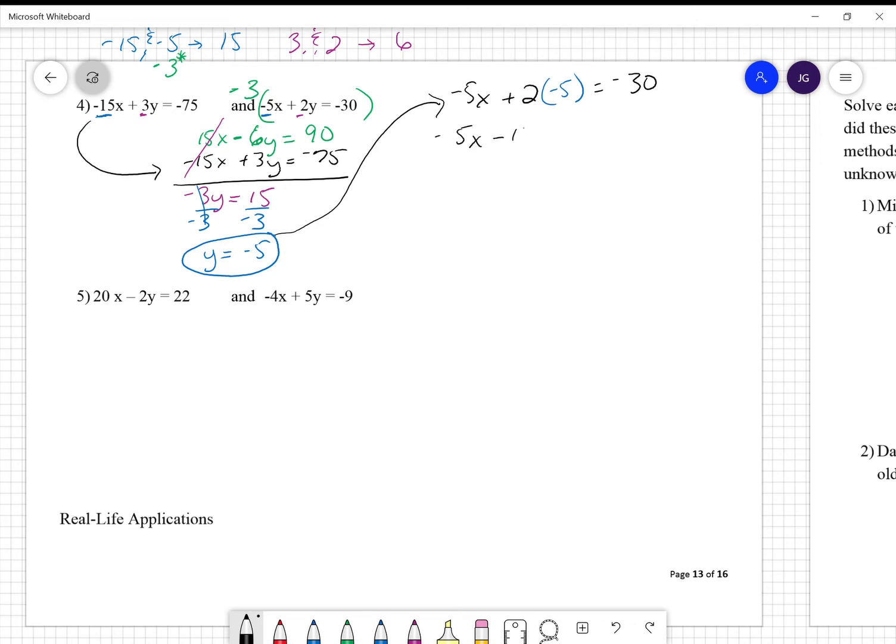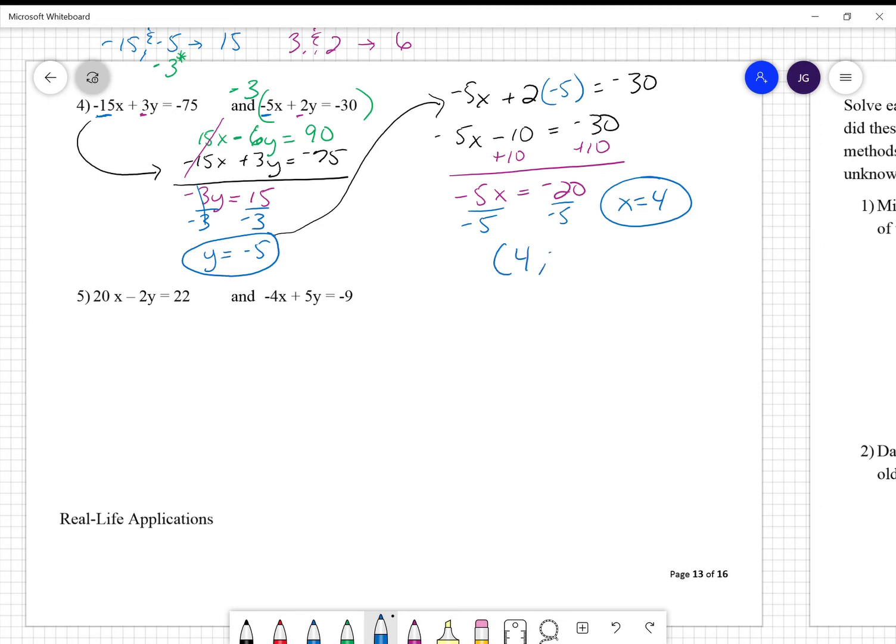Negative 5x minus 10 equals negative 30. Add 10 to both sides. Negative 5x equals negative 20. Divide both sides by negative 5. X equals 4. My ordered pair solution is 4, negative 5.